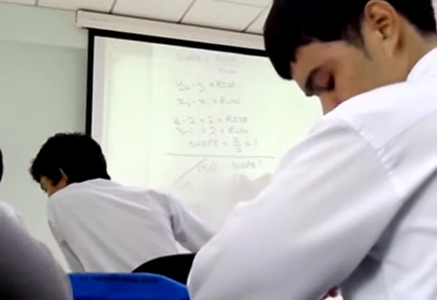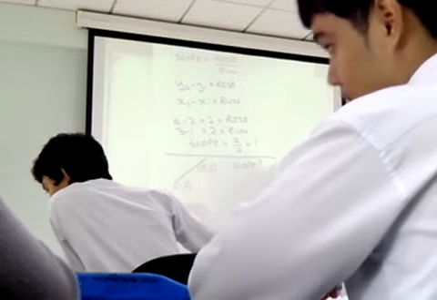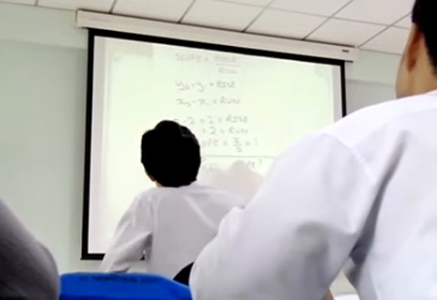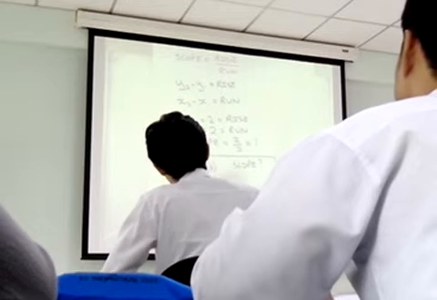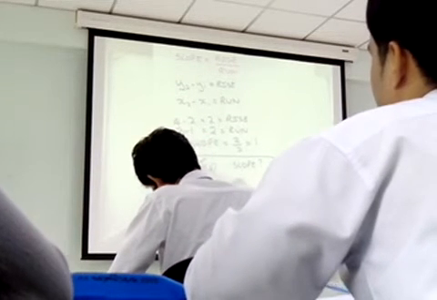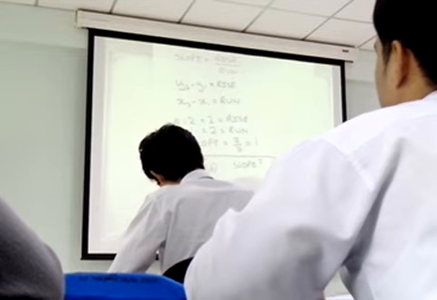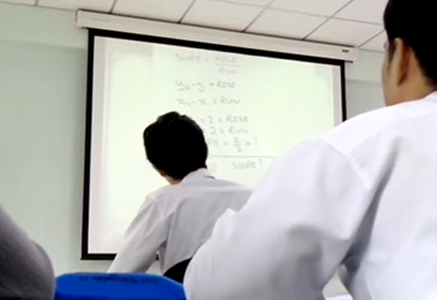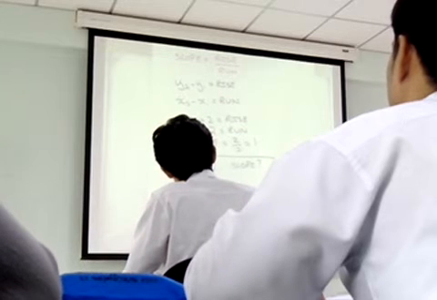The rise is what? The y values. 6 minus 2. The run is 5 minus 1. So same thing. So that's that example.